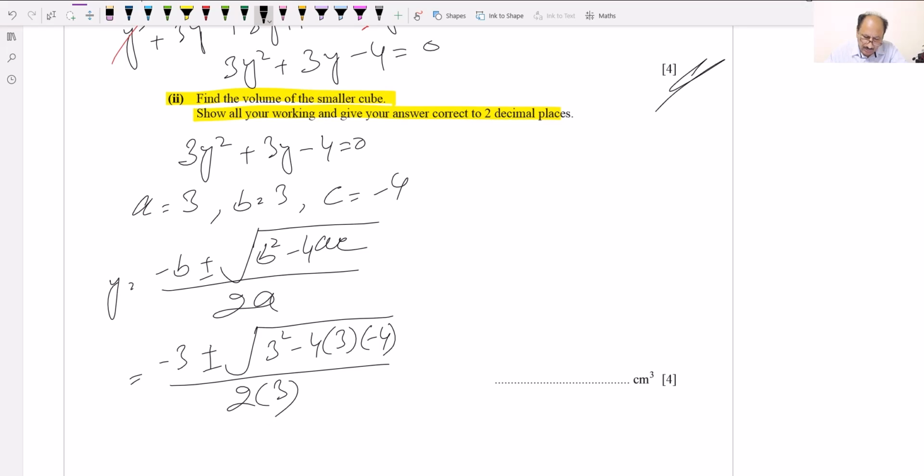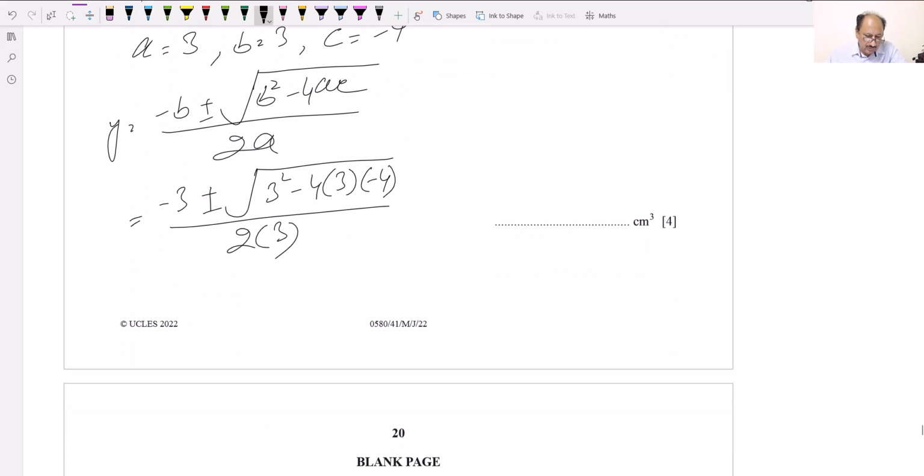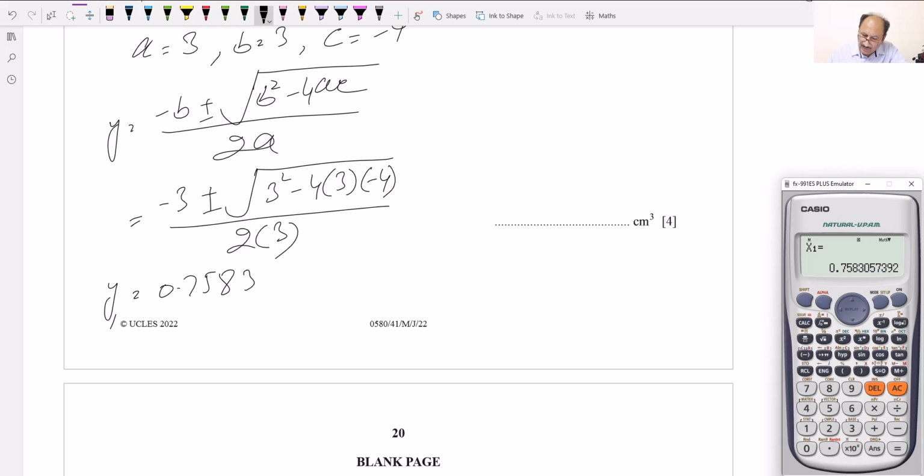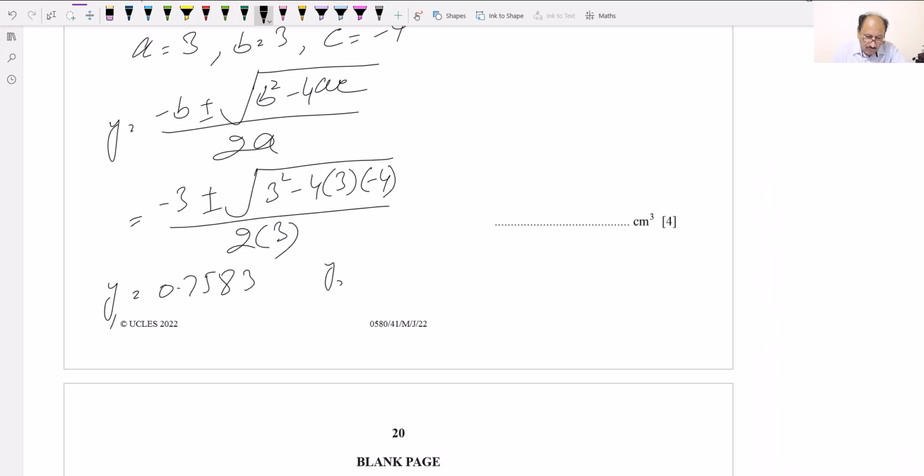This gives the value we got, y1 equal to 0.7583, and the second value will be negative, y2 equal to minus 1.758. This is negative, so we will be rejecting this negative value, and this other value we will be taking.